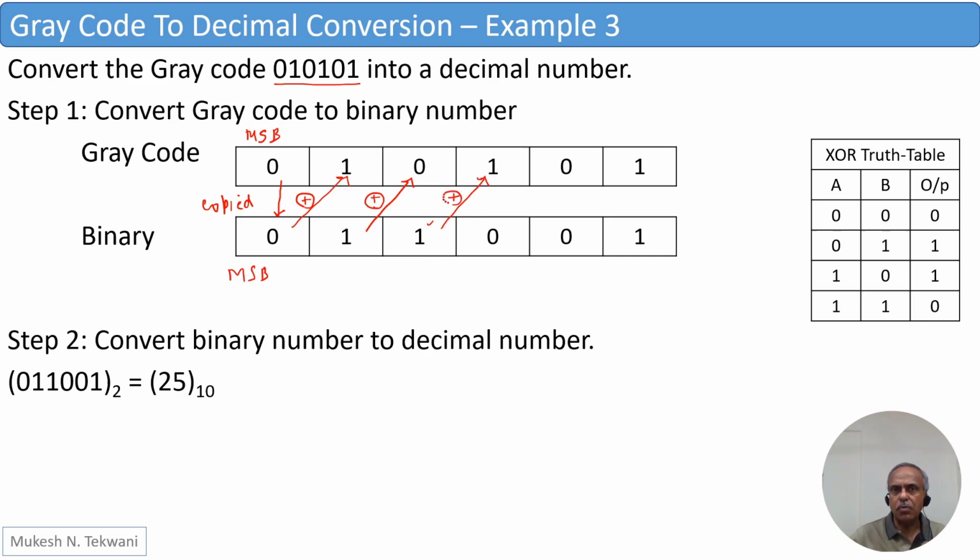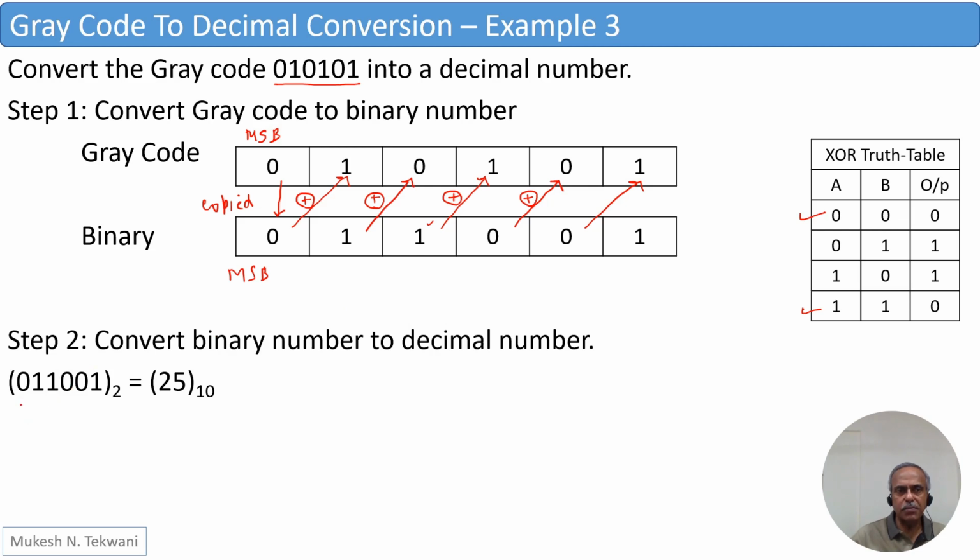So 1 XOR 1 is 0, as we have from our XOR truth table, so we generate the 0. Again 0 XOR with 0 is 0 from the truth table, and 0 XOR with 1 gives us 1. So we now know that this gray code is equivalent to 011001.